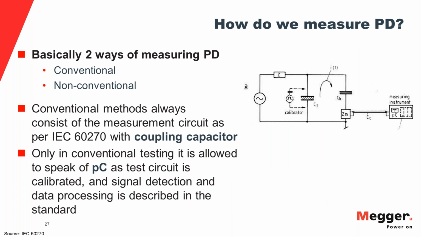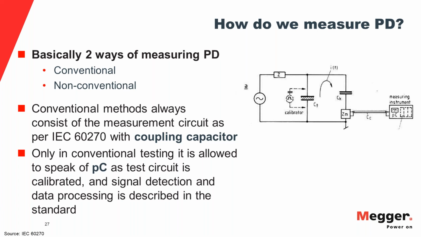So how do we measure PD? Just in short, there are two ways: conventional and non-conventional, and that is really the official terminology. Everything that is considered conventional testing always, everywhere, follows IEC 60270, the test circuits outlined in IEC 60270.